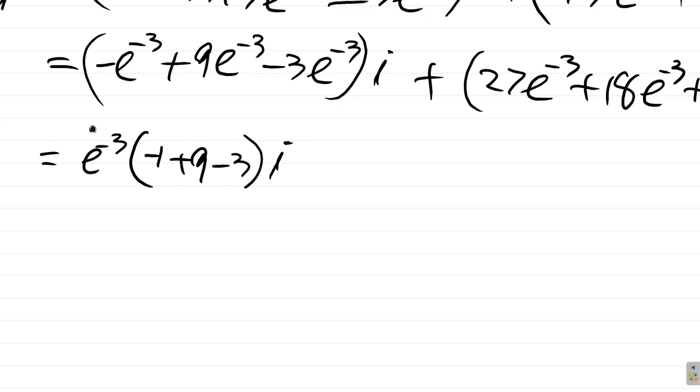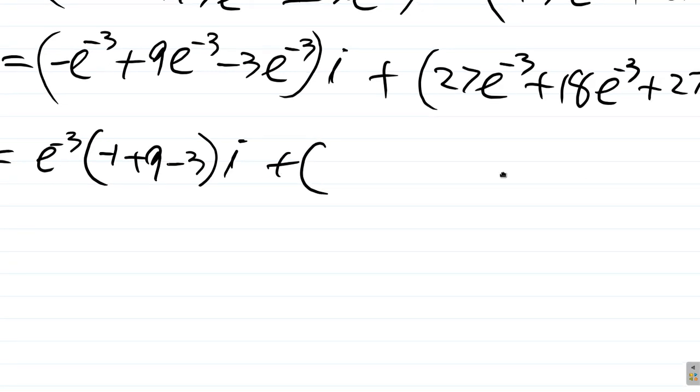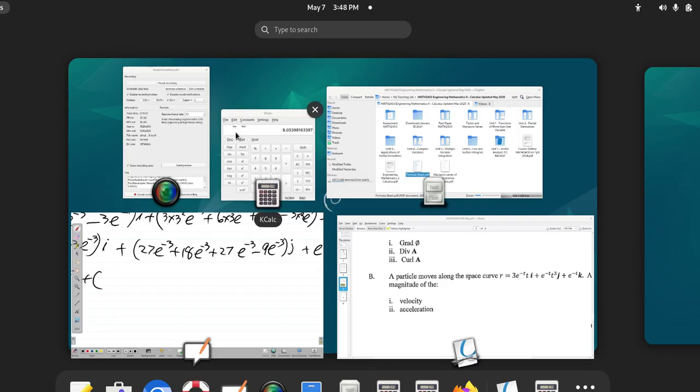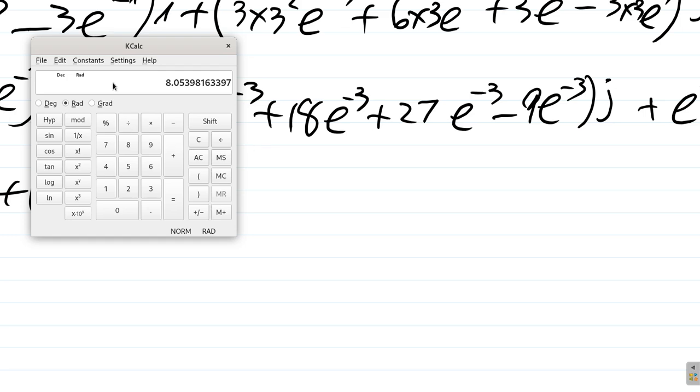I could have said negative 1 e to the negative 3 plus 9, which is 8e to the negative 3, and then minus 3e to the negative 3. Right? Well, let's work with this. Plus, now we have 27. Alright, so let's just add up this one. It's kind of long, so let's add it up.